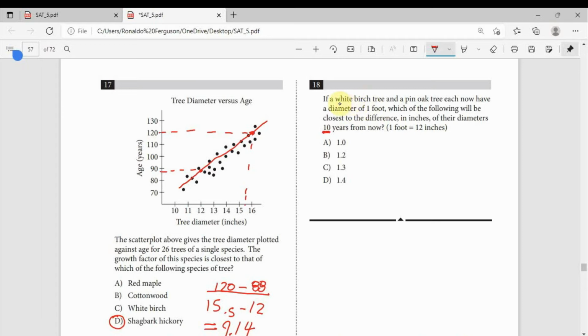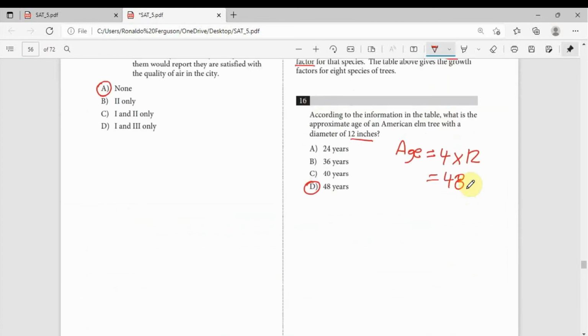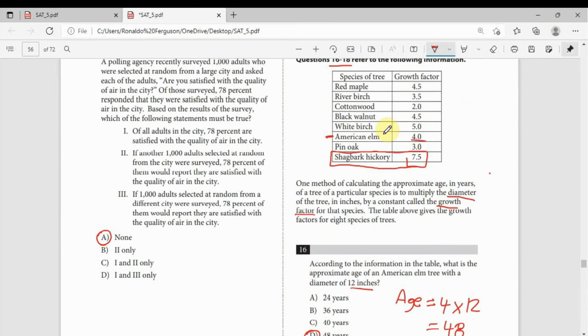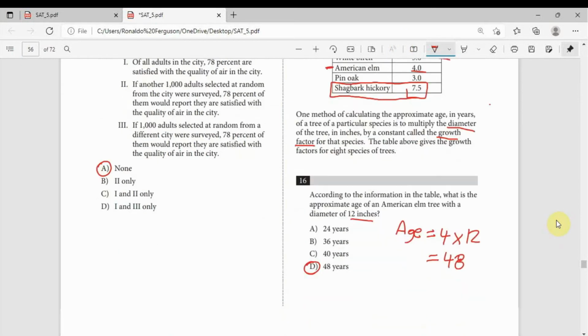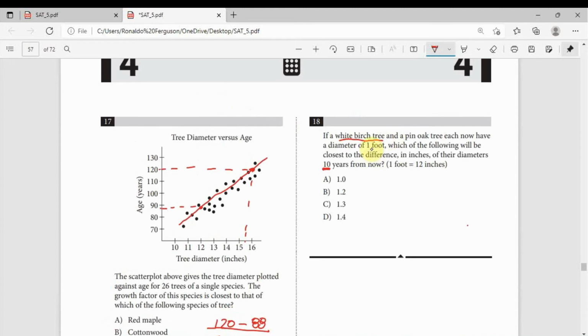So look at this. For the white birch tree, remember the formula said that age is the growth factor times the diameter. For the white birch tree, the growth factor is 5. So multiply 5 times the diameter of the white birch tree, and the diameter is 1 foot, but 1 foot is 12 inches.